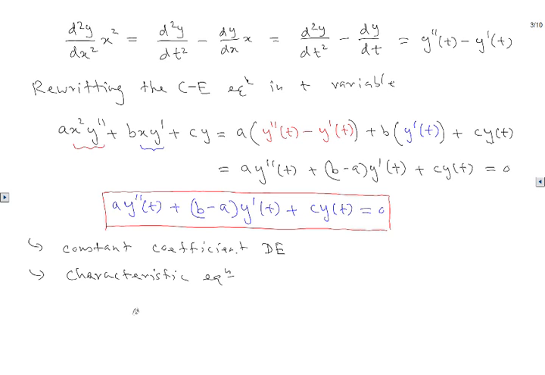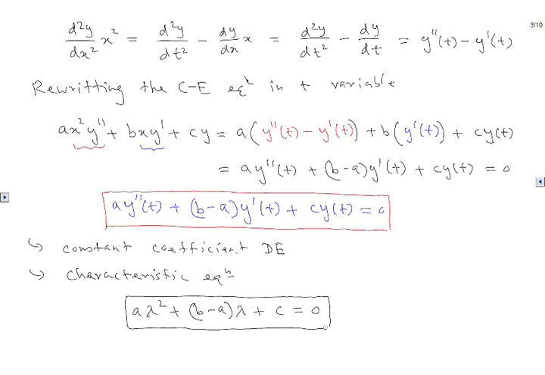So it is a lambda squared plus b minus a lambda plus c equals 0. So that's the characteristic equation. Now we simply solve this as a constant coefficient differential equation as we did before, and then at the end we transform the solution to the new variable.